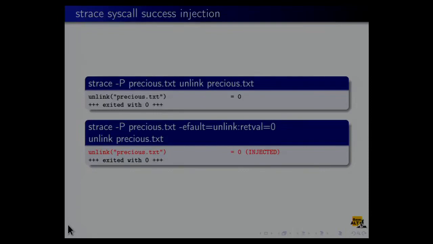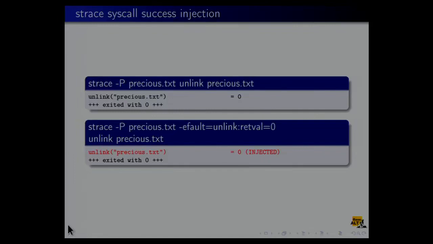So the tracee will suppose that unlink completed successfully and the file is gone, but it's actually there. This is not as easy as it looks. More complicated syscalls have some semantics that have to be followed somehow.